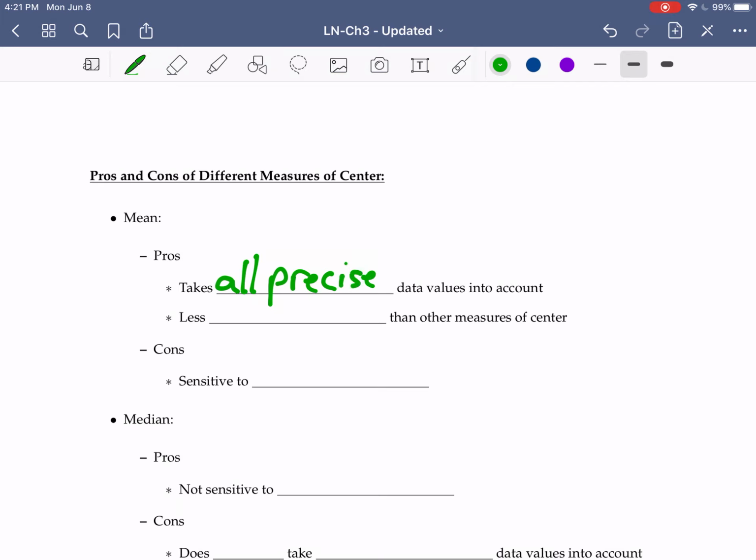Right, so every single data value is having an impact on the mean, and the value of that data value is having an impact. This is also worthwhile because it has less variation than other measures of center. However, one negative for a mean is it is sensitive to outliers.